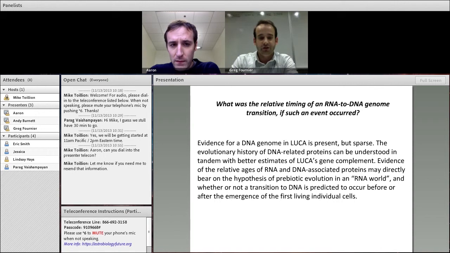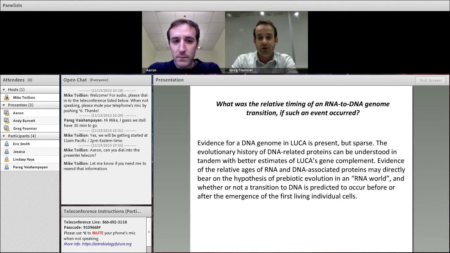So there's not a lot of direct information to infer when this particular event would have occurred, and this is made more complex by the fact that a lot of the DNA replication machinery between the different major domains of life is actually not related to, say, another domain. For example, DNA polymerases between archaea and bacteria are quite different.